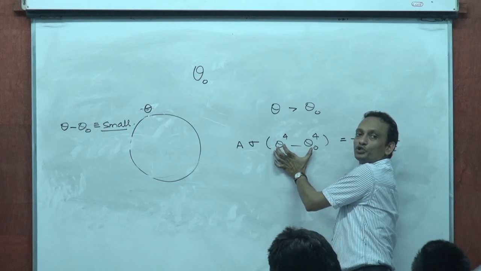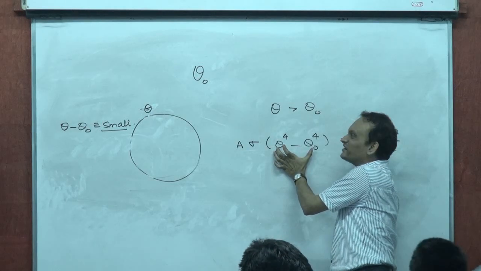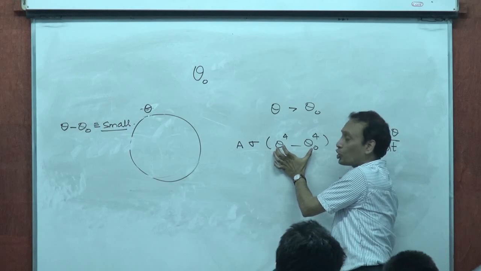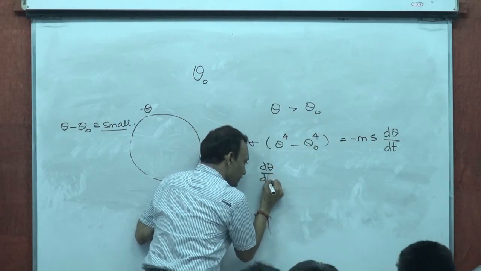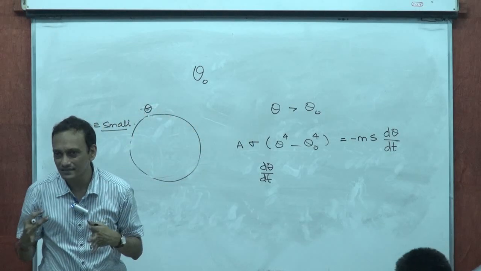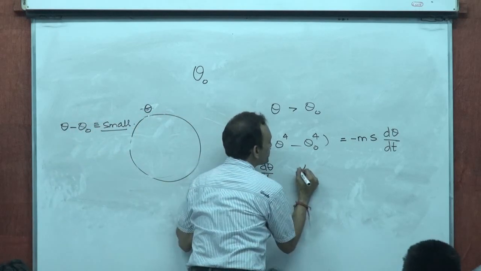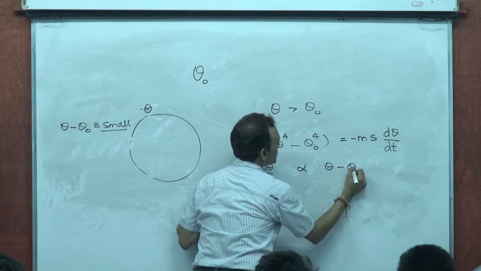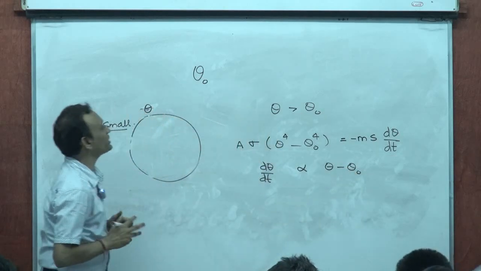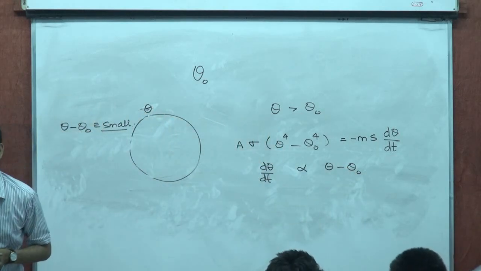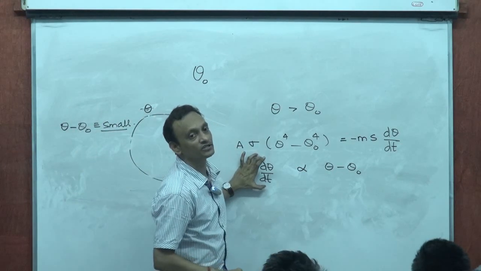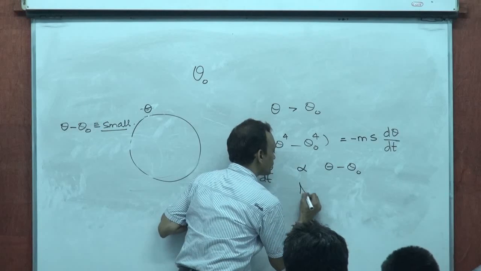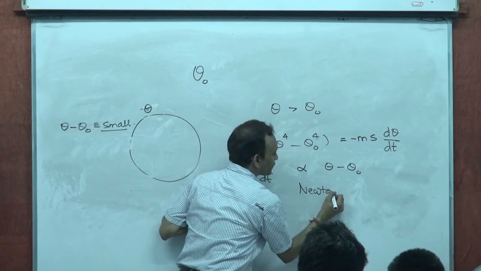If theta minus theta naught is very small, then d theta dt, this is the rate at which cooling occurs, will almost be proportional to theta minus theta naught. If the difference between the body and the surroundings is not very large, then this essentially is Newton's law of cooling.